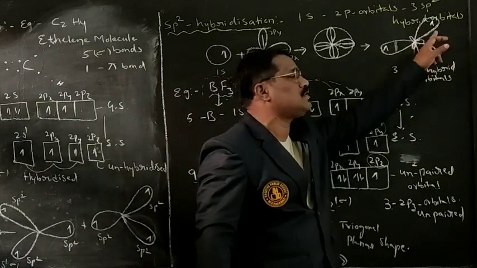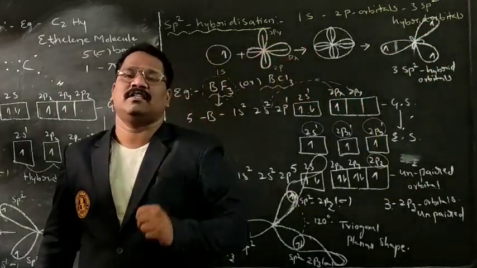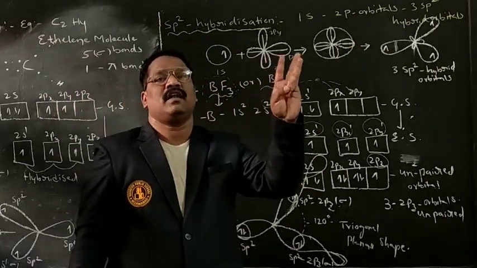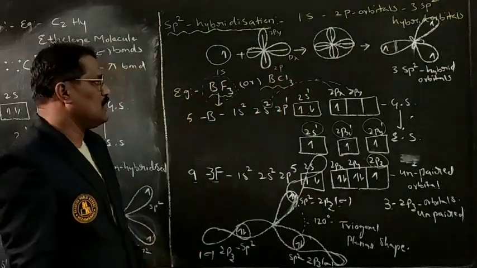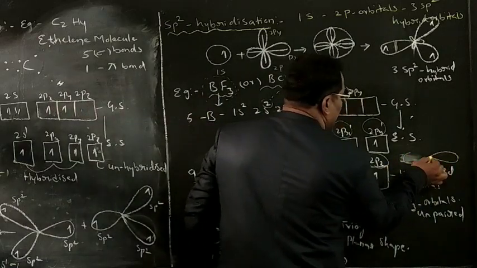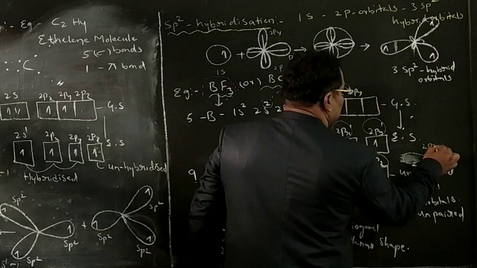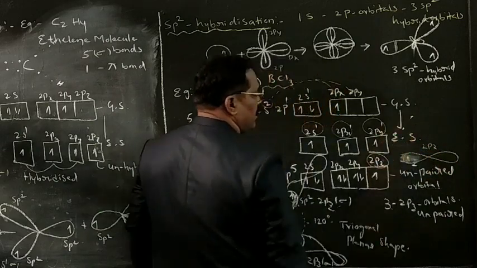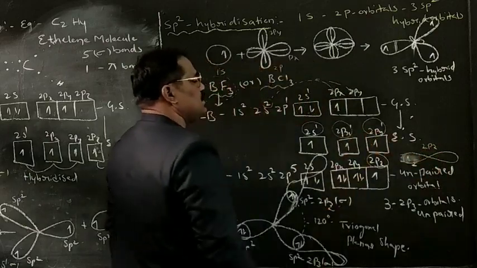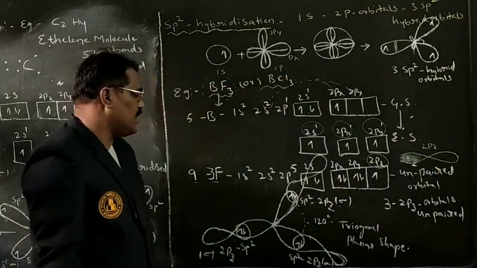Three unpaired electrons. So with three fluorine atoms, I get three 2pz orbitals with unpaired electrons. How will the p orbitals exist? You can take it that way.